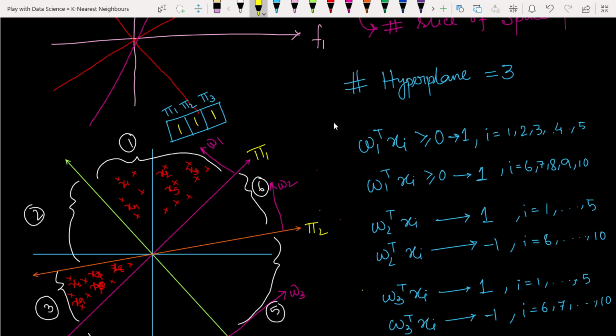Okay, I think you have understood. If we have m hyperplanes instead of 3, then the key value of the hash function will be an m dimensional vector.